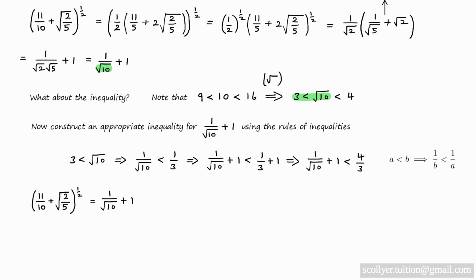And so we have that (11/10 + root 2 over 5) to the power plus 1/2, which equals 1 over root 10 plus 1, is less than 4 over 3.